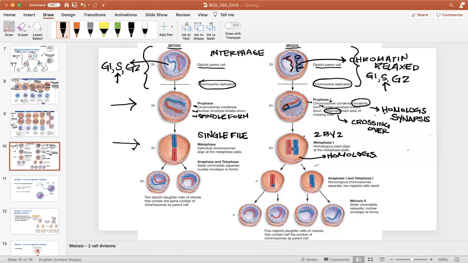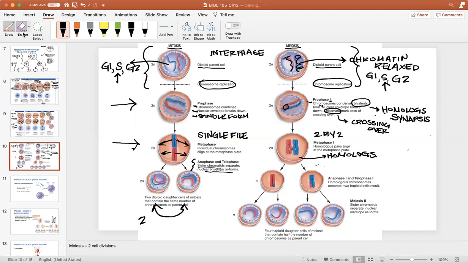Okay. And then this diagram skips anaphase and telophase, but you know that what happens in mitosis is that we're going to have spindle fibers that pull that way, and that way, that way, and that way, resulting in sister chromatids separating and the nuclear envelope reforming. At the end of this process, we will have 2 exact copies.